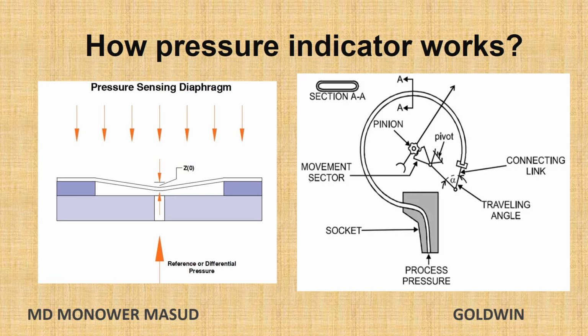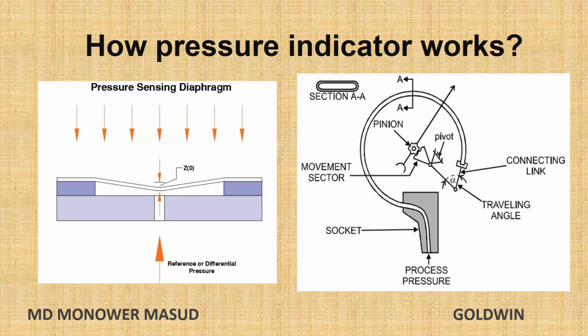Pointer and dial. The mechanical motion from the sensing element is often connected to a pointer that moves across a calibrated dial. As pressure changes, the pointer moves to indicate the corresponding pressure value on the dial. Display. Modern pressure indicators may have electronic components that provide digital readouts or integrate with control systems.